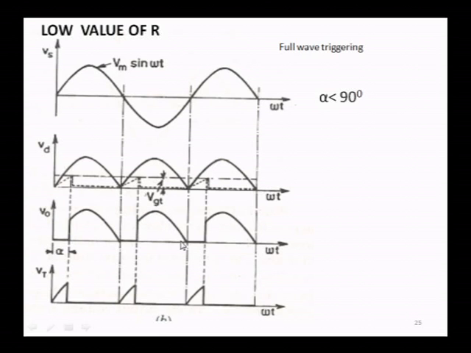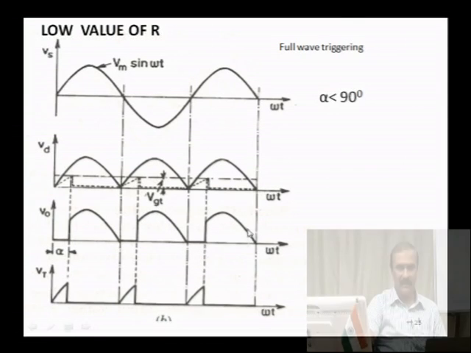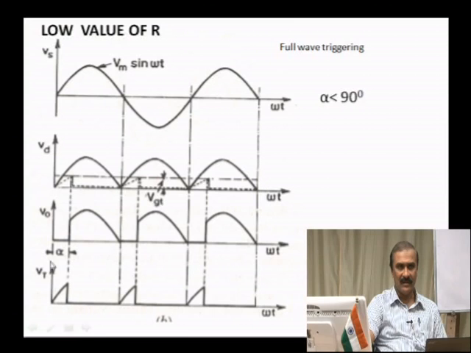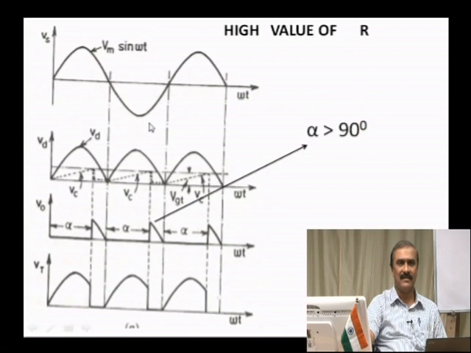So, firing angle alpha less than 90 degree. So, you can leave out this voltage across thyristor, you can omit this part, you have to write this and this is important. So, this is for a low value of resistance. To increase the value of resistance, fine, it will go beyond this 90 degree, you can show the waveform of this, and this is for a full wave RC trigger circuit.